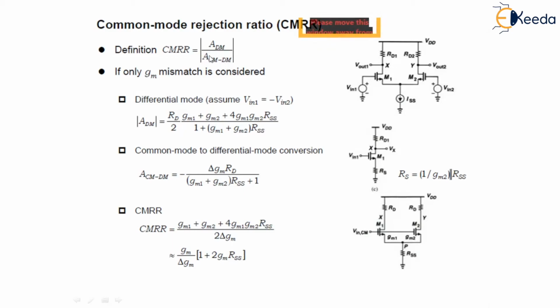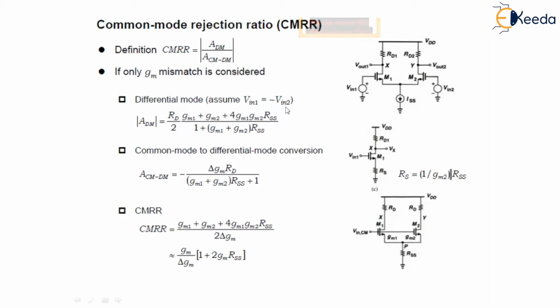This is normalizing the wanted differential output resulting from amplification to the undesirable component. If only Gm mismatch is considered, now we can have this differential mode.